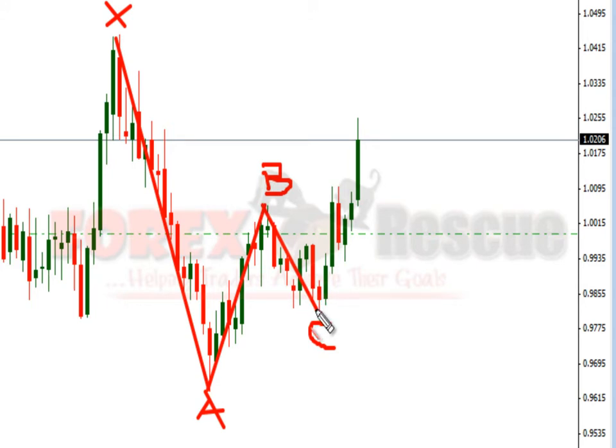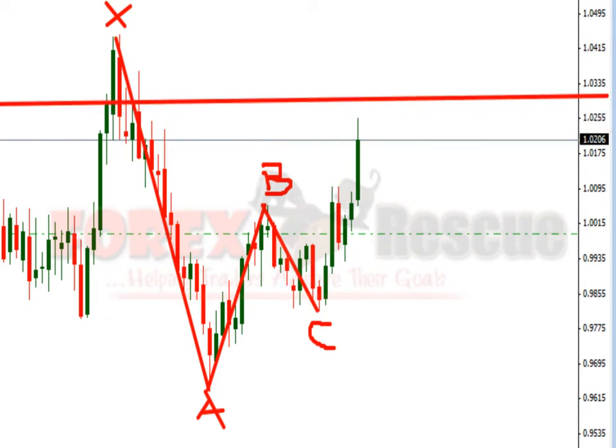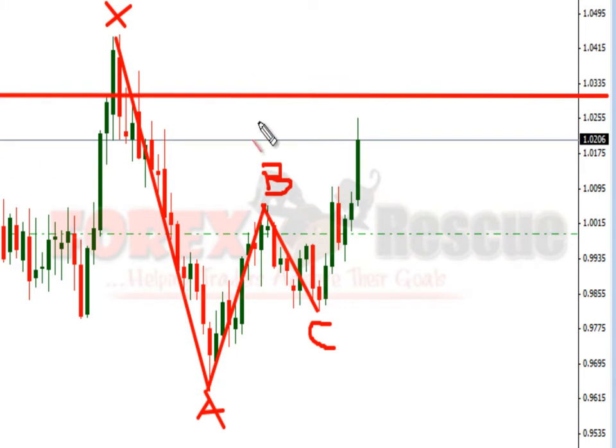So our potential reversal zone for this pair is within the range of 1.0275. 1.0275 is around here, to 1.0317.